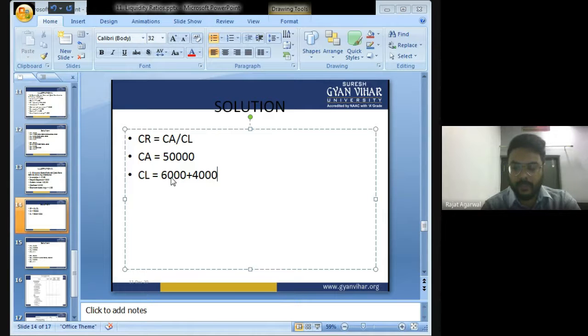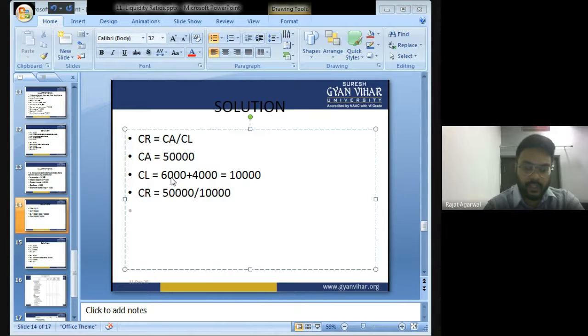So current liability is your 10,000. Now let's put current asset 50,000 divided by current liability 10,000, and current ratio is equals to 5 is to 1. The current ratio is your 5 is to 1.